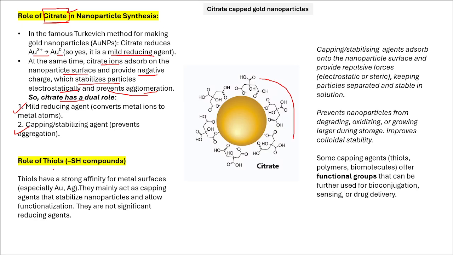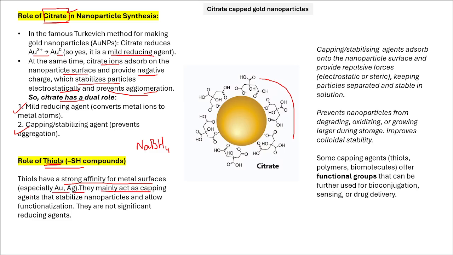Okay, so what role do thiols play? Like in the next method that we studied, in which we were using sodium borohydride, NaBH4, which is again a mild reducing agent. In addition to this NaBH4, they were in the presence of thiols. This reduction was happening. So thiols have a strong affinity for metal surfaces, especially gold and silver.